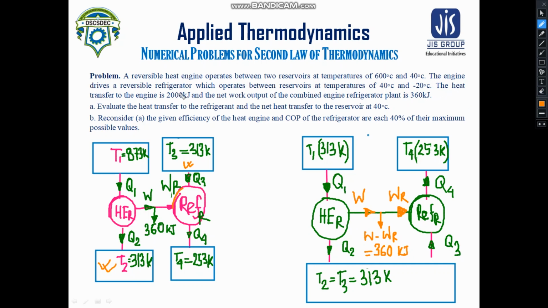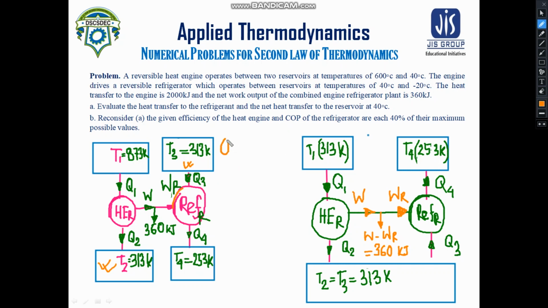The heat transfer to the engine is 2000 kilojoule. That means this is your heat transfer to the engine, that is 2000 kilojoule.